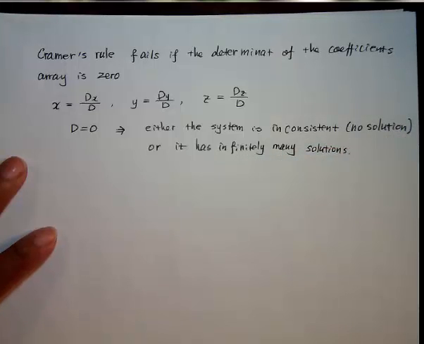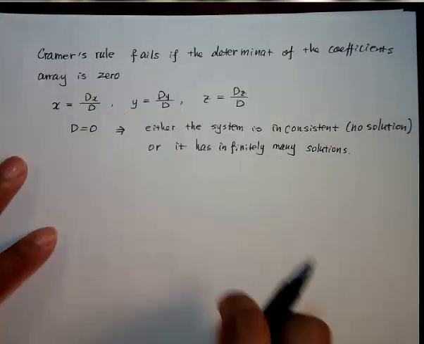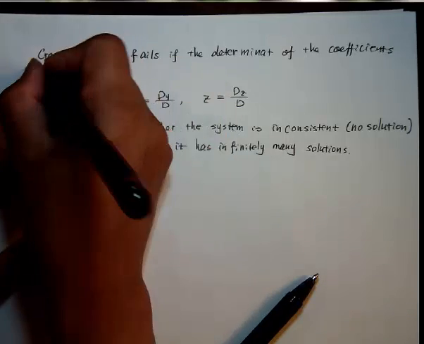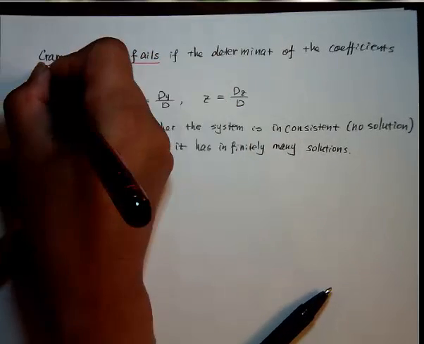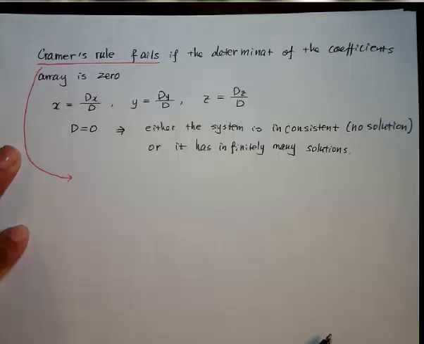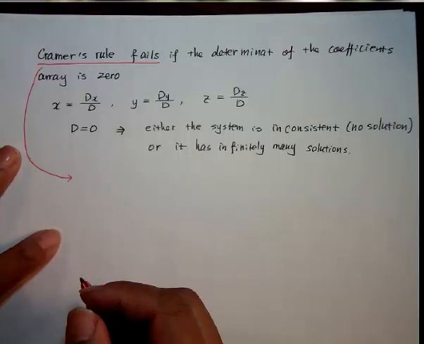So in either way, when Cramer's rule fails in this case, you need to use another method to reach a conclusion.